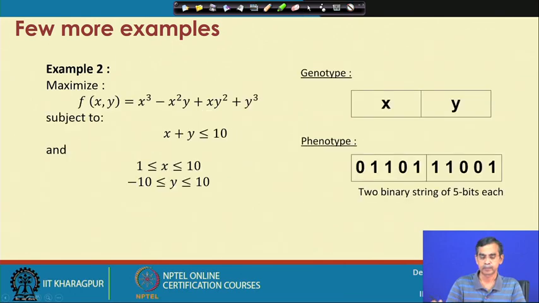Now, as another example, this is a little bit more complex compared to the previous one. Here this is the objective function to be minimized, and you can note that it is in terms of 2 parameters, x and y. So, the design parameters are 2, namely x and y.